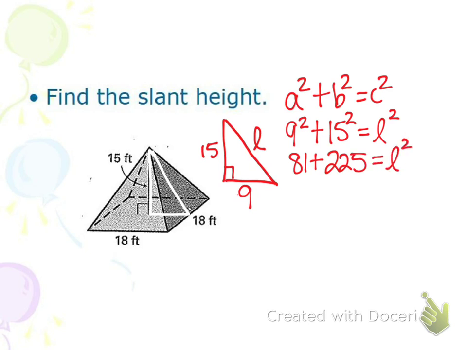When I add 81 and 225, do we agree with 306? And then what are we going to have to do to get L alone? Square root.